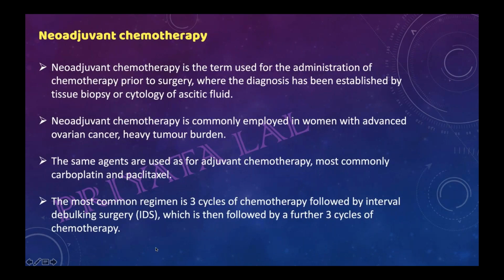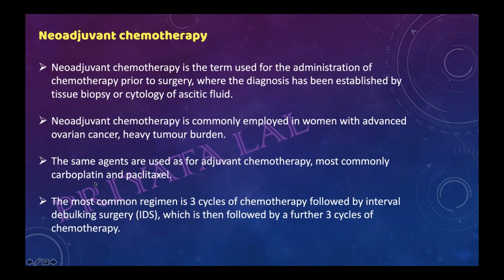Now, this is from the strategy. Neoadjuvant chemotherapy is the chemotherapy that is given before surgery. Okay, before surgery, if you are giving chemo, then that is neoadjuvant chemotherapy. So if the tumor burden is very high, consideration for neoadjuvant chemotherapy is done. What are the agents used?